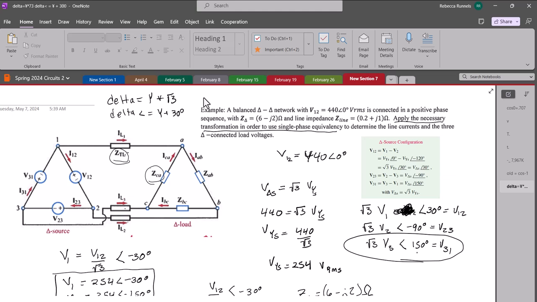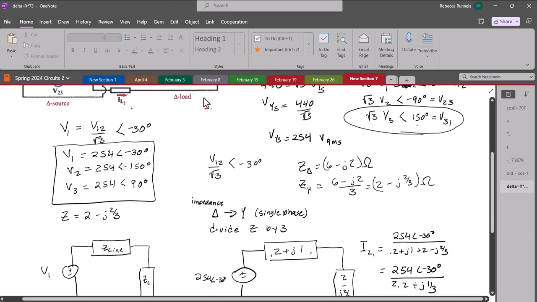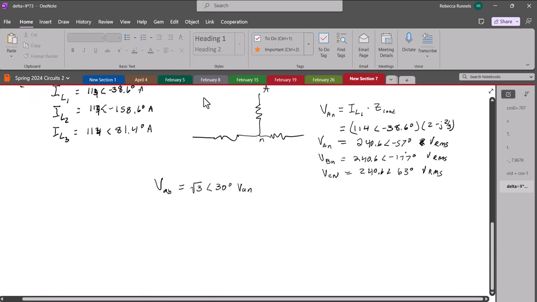And when we went the other way, y equals delta divided by square root of 3, and y angle equals delta angle minus 30 degrees. And it's the same when you're doing the single phase equivalency. It's equivalent to going to the y, which is where the discussion came from yesterday.